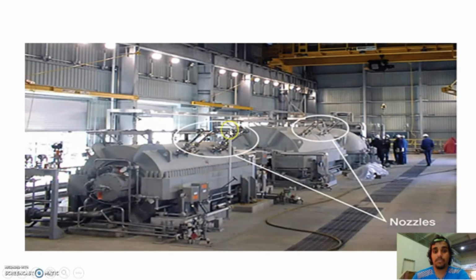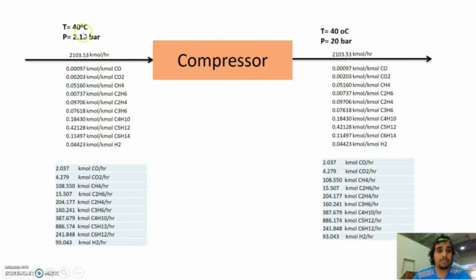This is the example for compressor. As we know, the temperature for the compressor input is 40 Celsius and the pressure is 2.15 bar. And the temperature for the compressor output is 40 Celsius and the pressure is 20 bar. The compound and the composition are the same in the compressor.